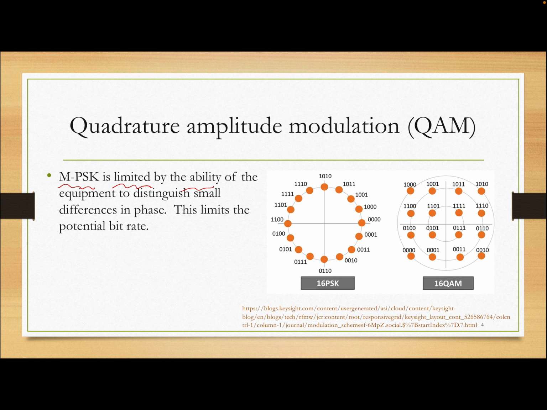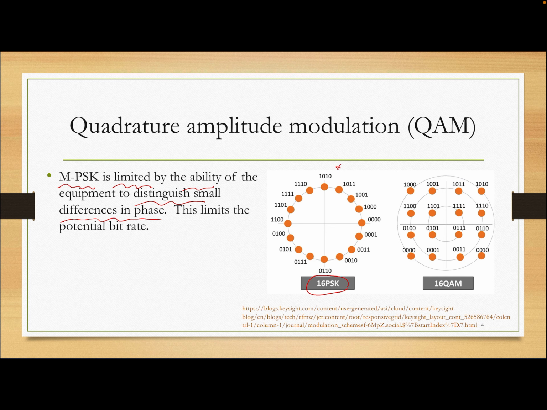Now why do we use QAM? Let's look at MPSK first. MPSK is limited by the ability to distinguish small differences in phase. This is when M is going up. If you have 16 PSK, you have to divide the phase into 16 points. But if you have 256 PSK, for example, to represent 8 bits per symbol, it's very difficult because there are 256 points in one circle.